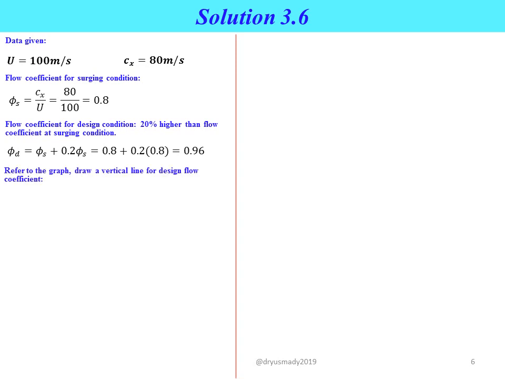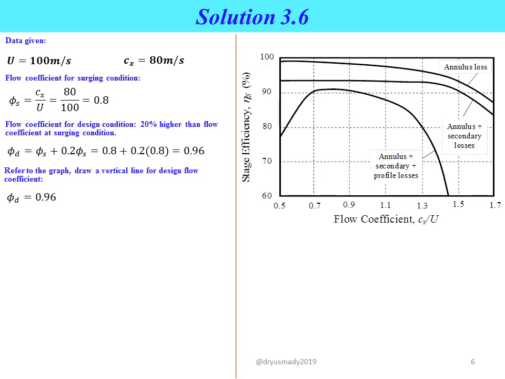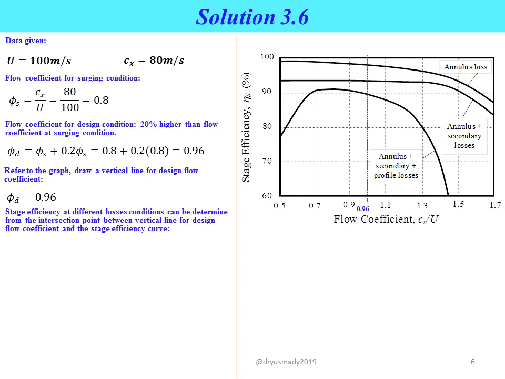So by referring to the graph, draw a vertical line for design flow coefficient as shown in the figures. The stage efficiency at different loss conditions can be determined from the intersection point between the vertical line for design flow coefficient and the stage efficiency curve.